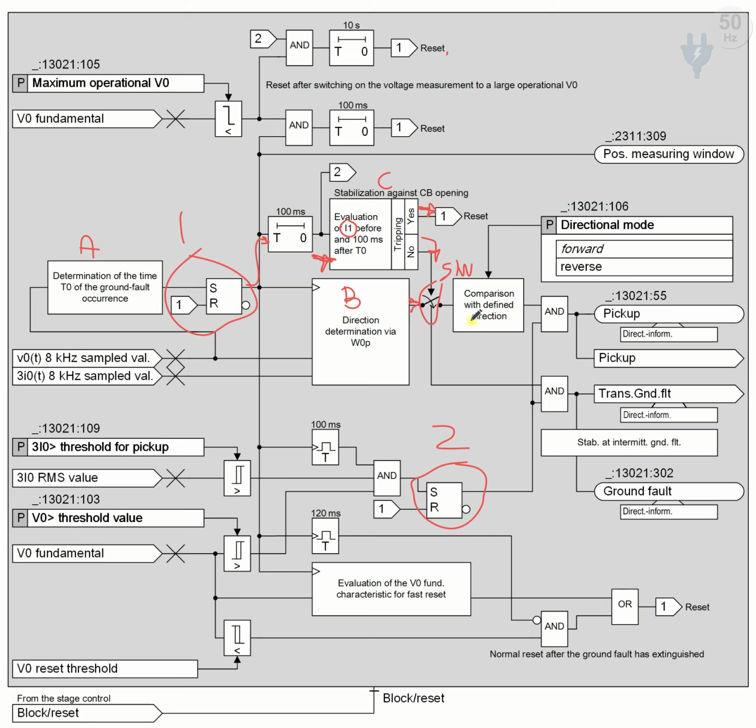This signal is supplied to the comparison block with the predefined direction, which is already defined as to whether it should operate in the forward direction or not. Then this signal is supplied to another AND block, whose other input is from the threshold blocks, which we will discuss in the next session. Then the pickup signal is generated.